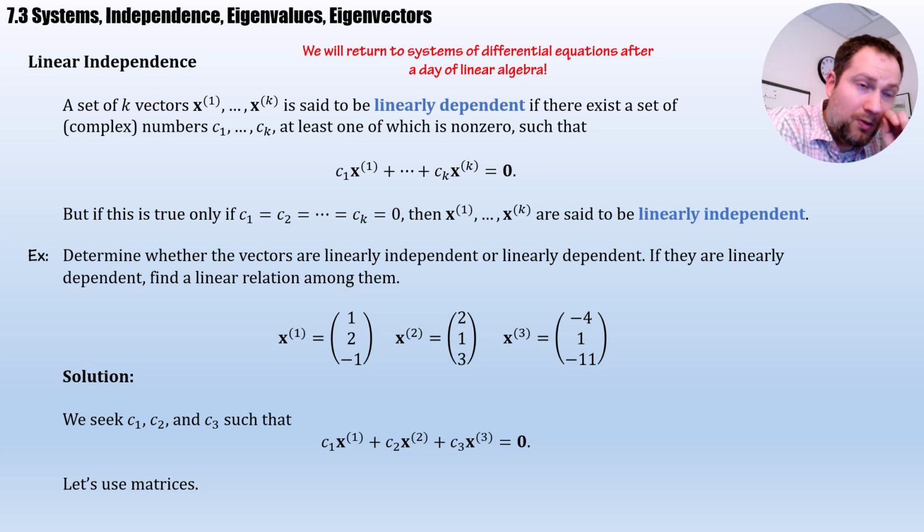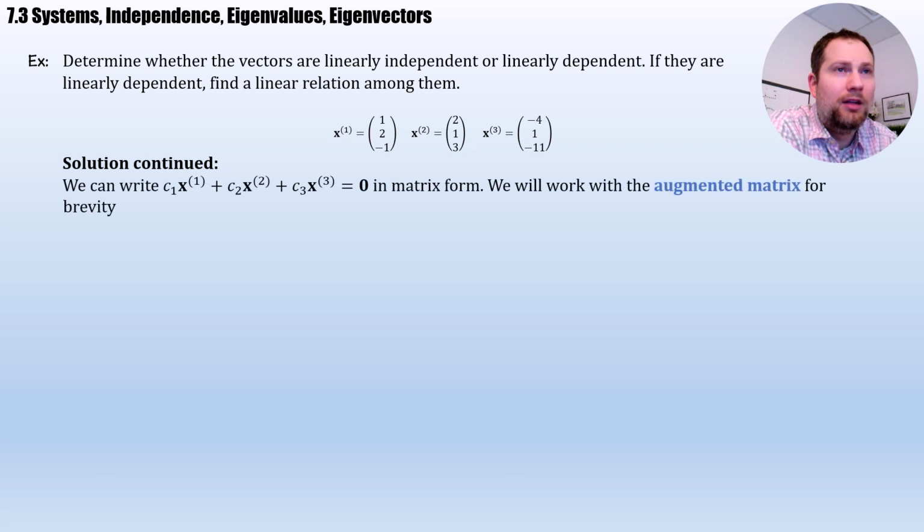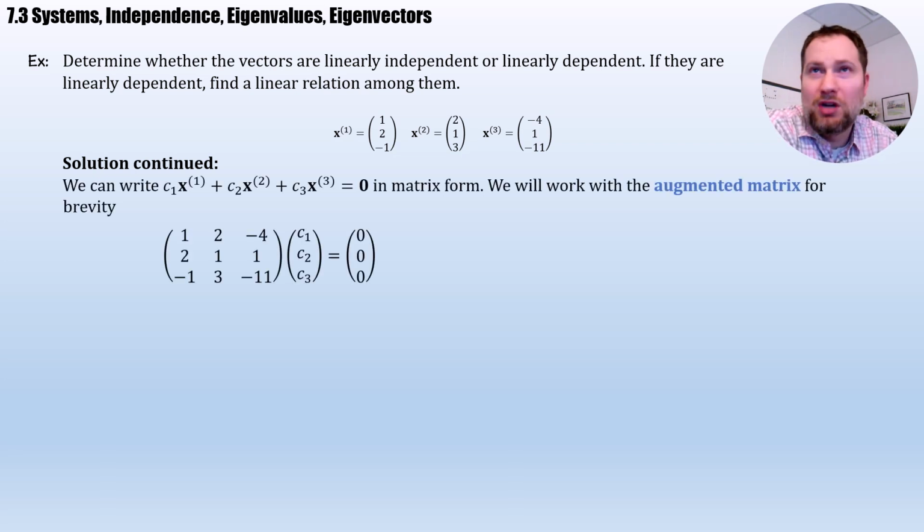This is a system of equations with 3 unknown variables, C1, C2, and C3, and with 3 equations. Just to be really clear, this is the system we're talking about, isn't it? Think about what we just said. It's C1 times (1, 2, negative 1), plus C2 times (2, 1, 3), etc.